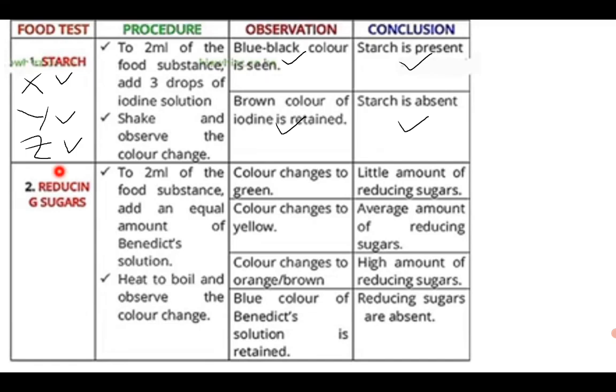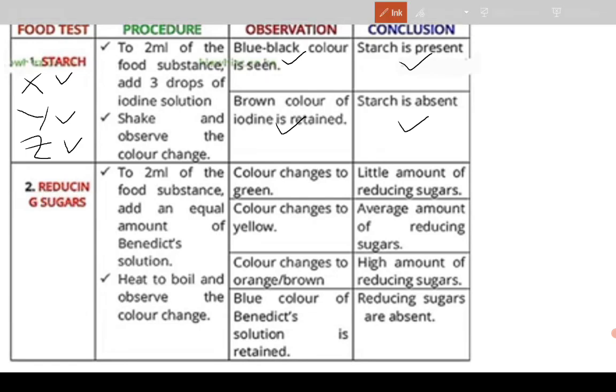Let's proceed to another test, which is called reducing sugars. Usually, reducing sugars are what you call monosaccharides. These are monosaccharides, or simple sugars. Examples include glucose.